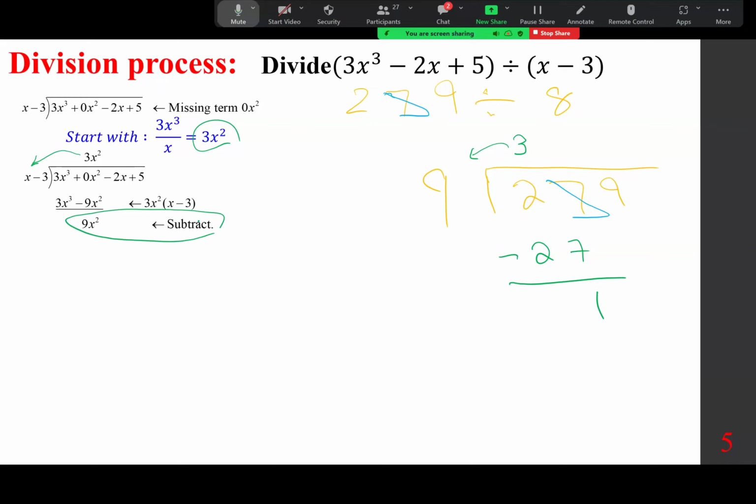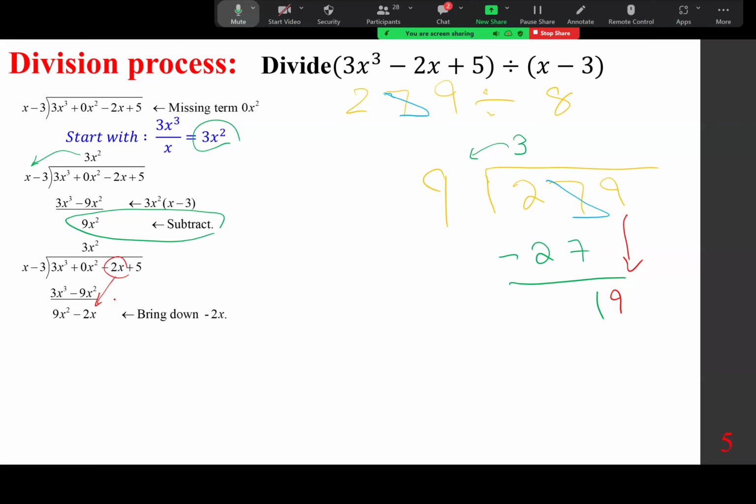What happens next? Let me use a different color. We bring this one down. And now we divide 19 by 9. So over here, we bring down the next term, which is negative 2x.